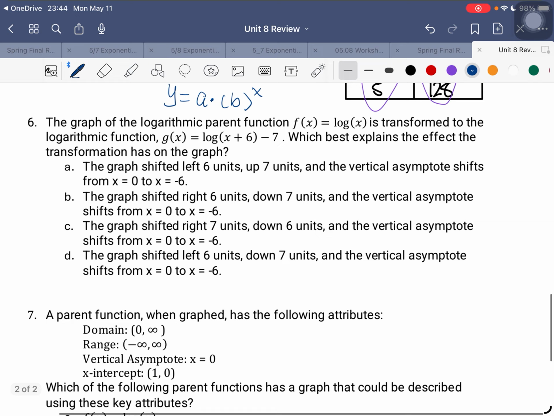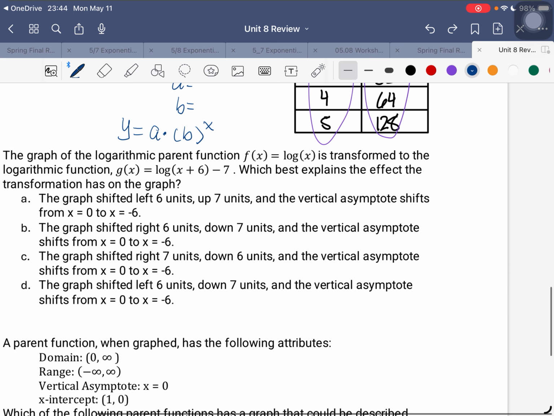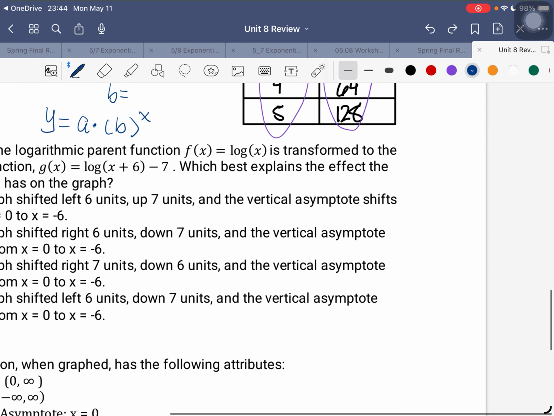Question 6. So this is a transformation problem. I need everyone to write this down.